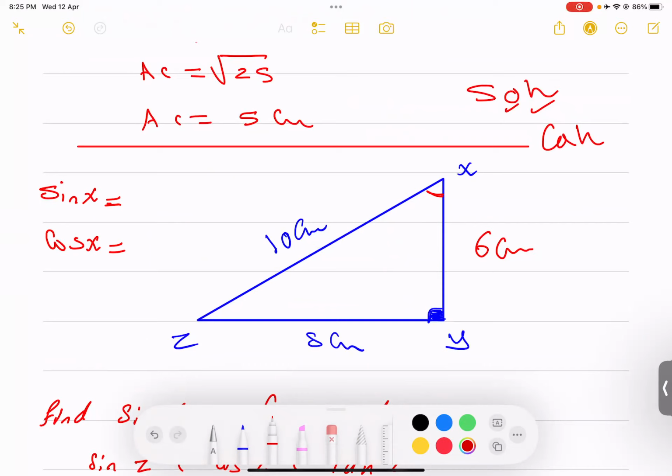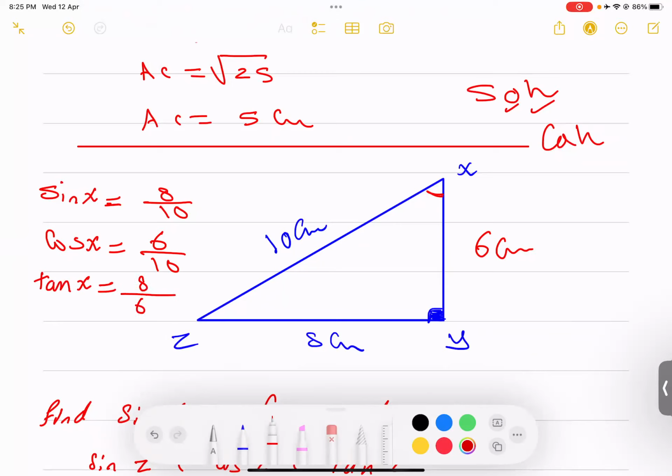Yeah, it's going to be 8 over 10. Yeah, exactly. So what about the cosine of x? It's going to be 8 over 10. No, 6 over 10. Yeah, exactly. What about the tan of it? 8 divided by 6. Yeah.